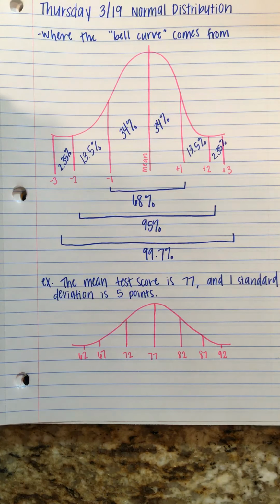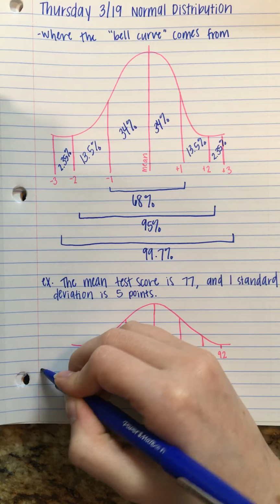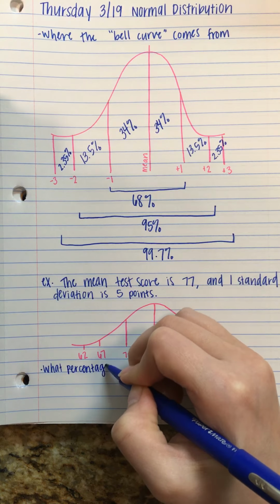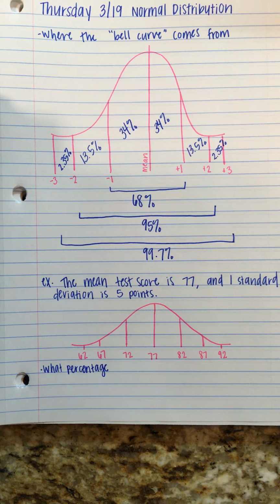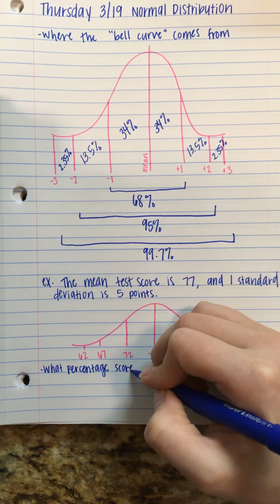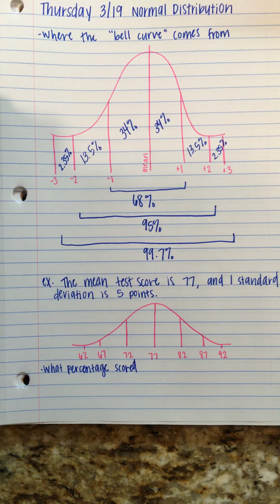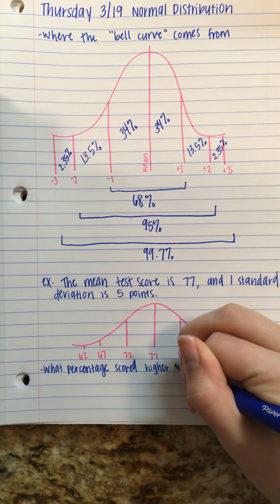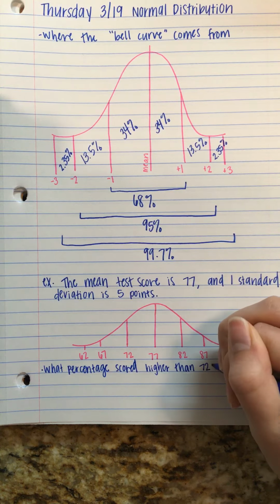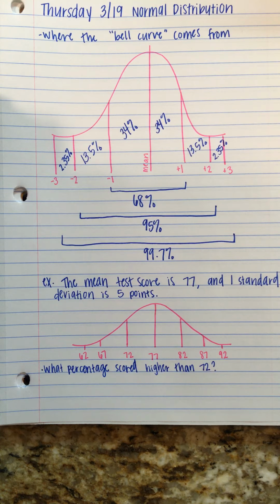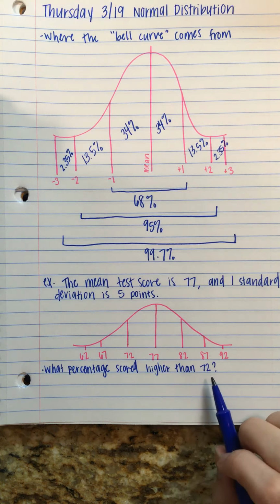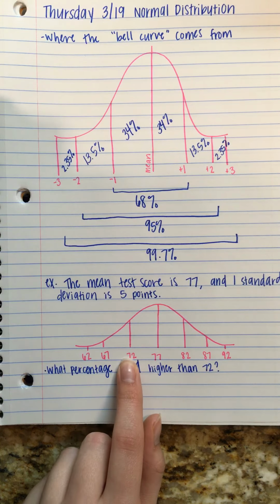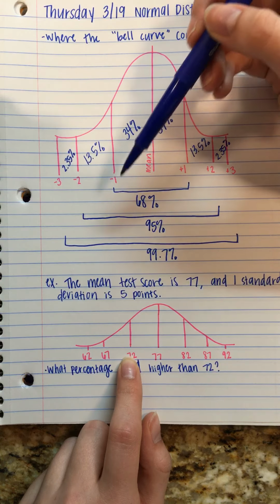And we can use this to answer questions like, let's say, what percentage scored higher than 72? That's a question that we could answer from our bell curve here. Step one, I'm going to find 72. Notice it's right here. And then I'm going to use these percentages. Which ones are higher than 72? I've got 34, 34. So I've got this 68 here.